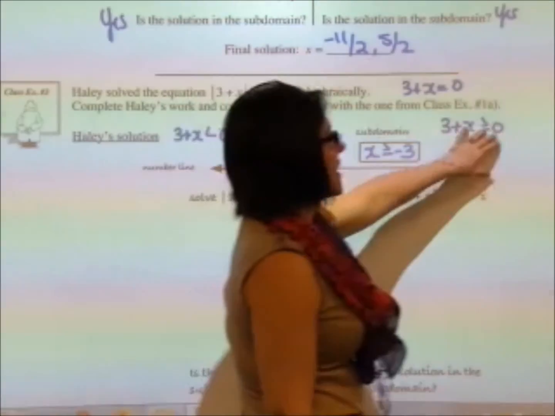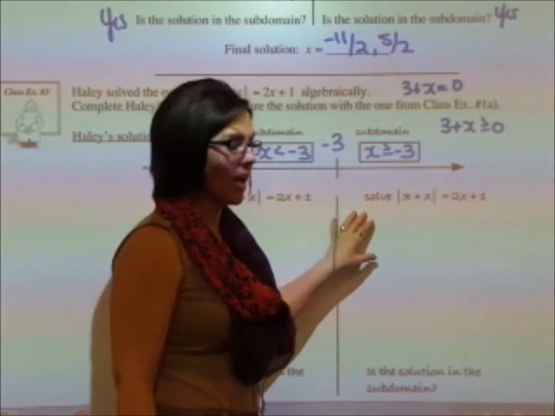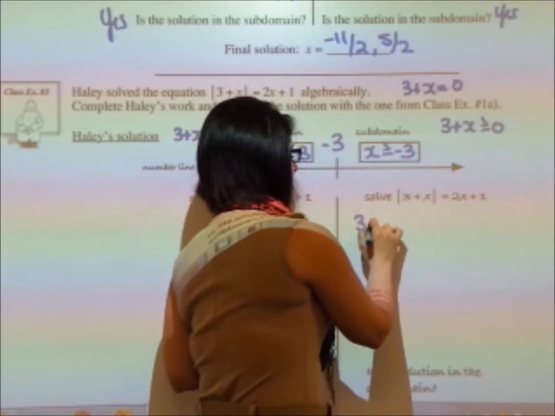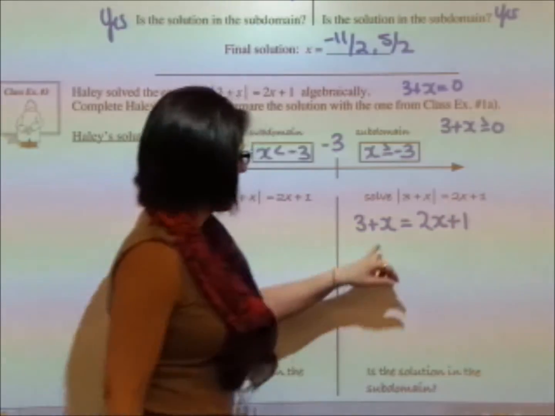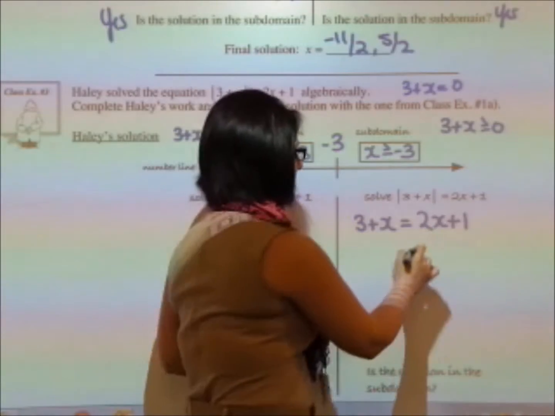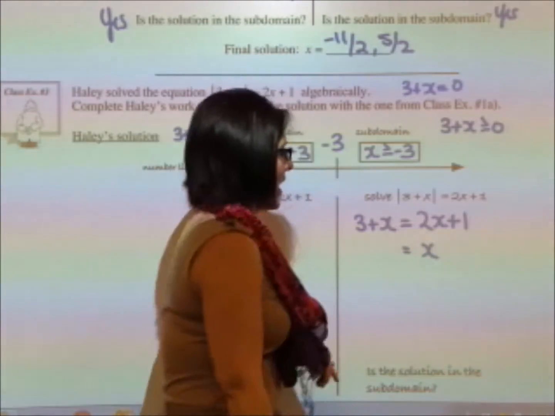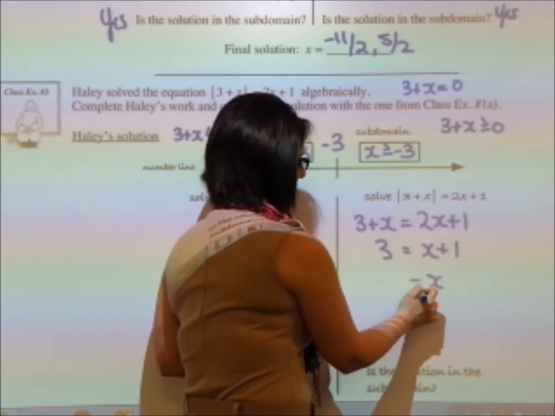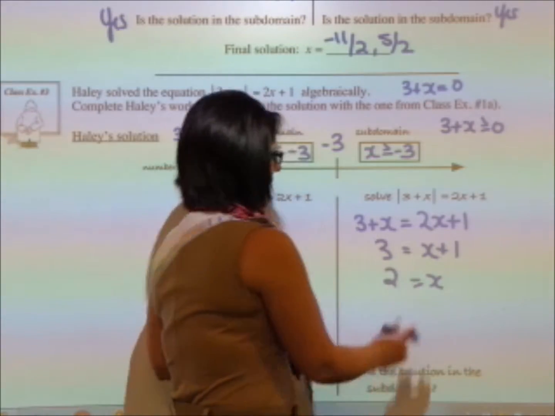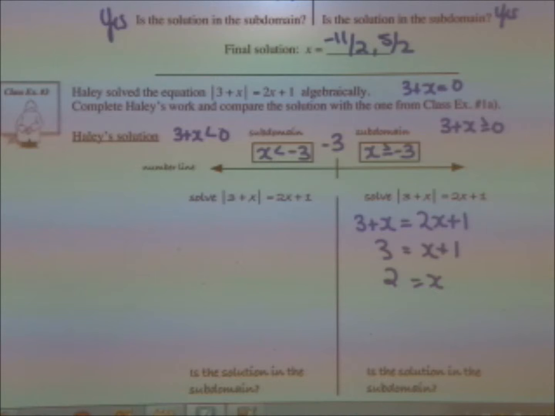So the part that's greater than 0 is just the positive answer, which is just removing the absolute value symbols. I'm going to subtract by 1x, which will leave me with x, and then subtract by 1, and I get that x equals 2.